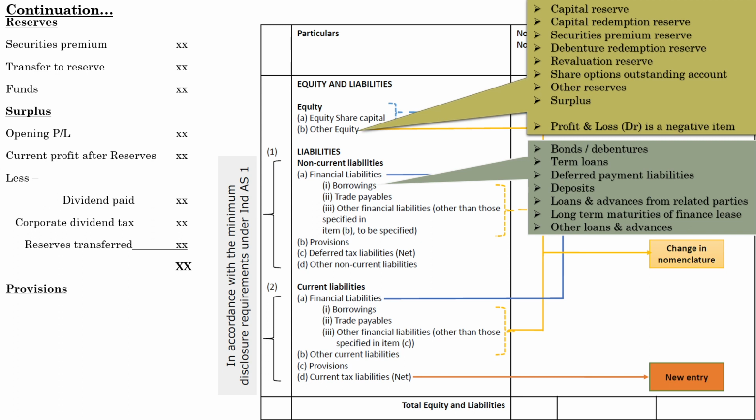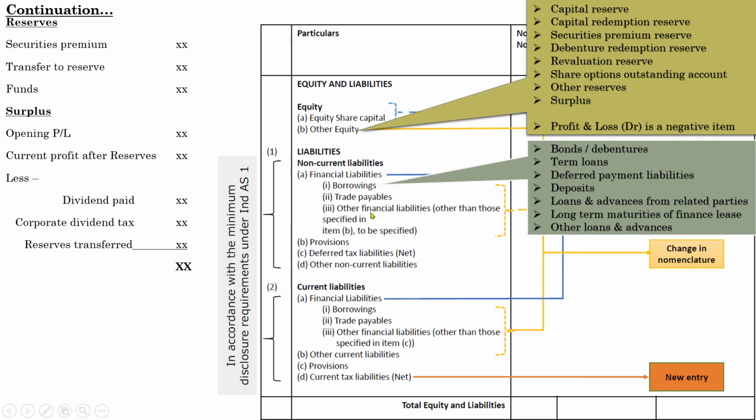Next one, trade payables, otherwise known as non-current trade payables. That is trade payables whose period of payment or period of liability is more than 12 months. It has to be shown under the heading trade payables, and don't worry about the items that come under trade payables, they will be specifically mentioned in the question. So write down the amount of trade payables. If there is any item specifically mentioned as coming under trade payables, show it under the heading trade payables.